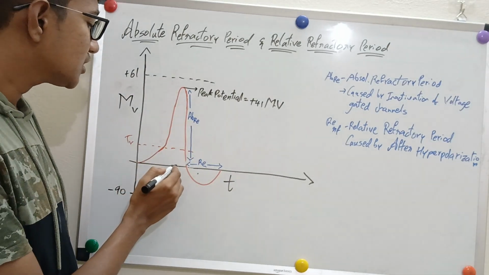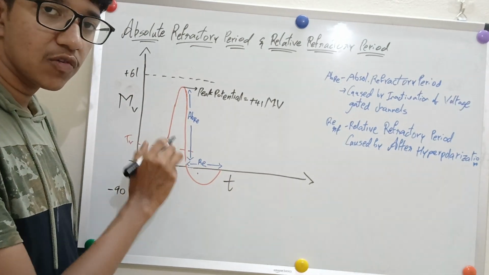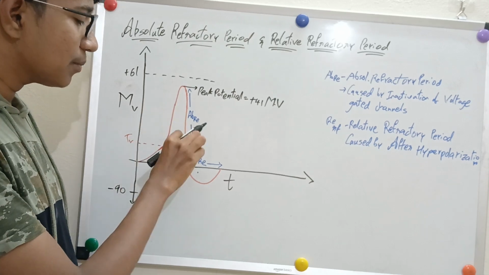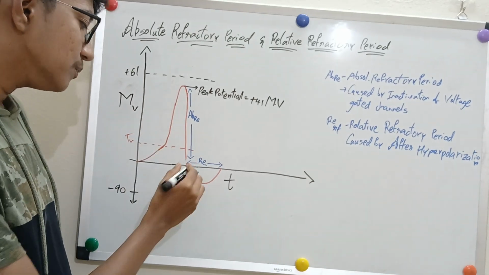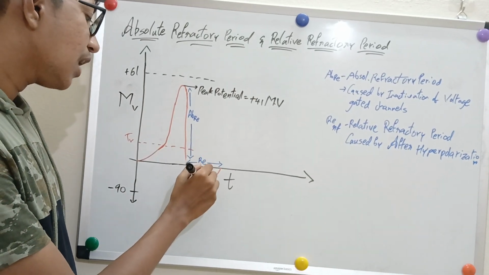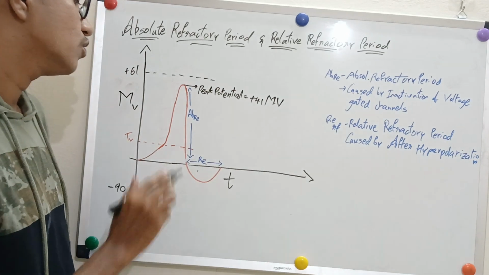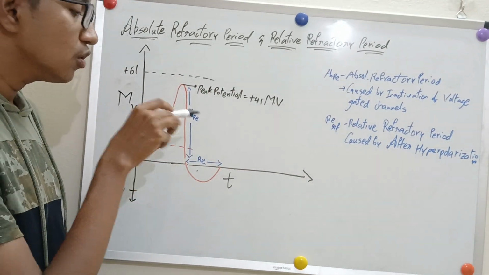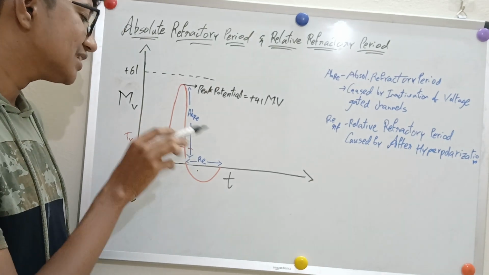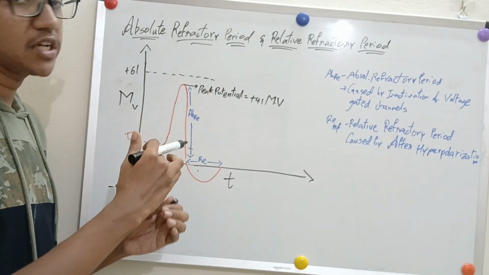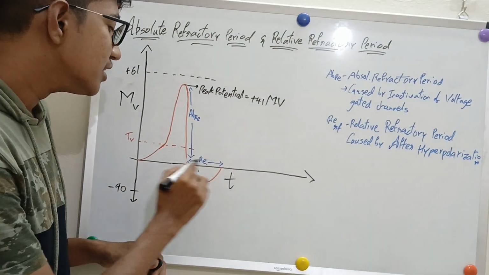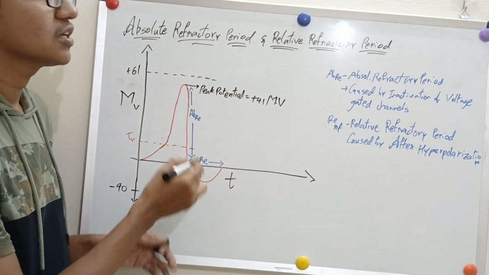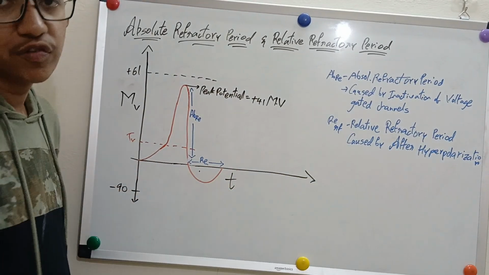Say from resting membrane potential to threshold voltage, it requires less potential than from after hyperpolarization to threshold voltage. So to elicit an action potential, we require more strength of the stimulus during this time, that is, after hyperpolarization. This phase we call the relative refractory period.